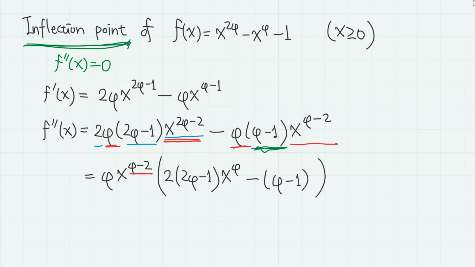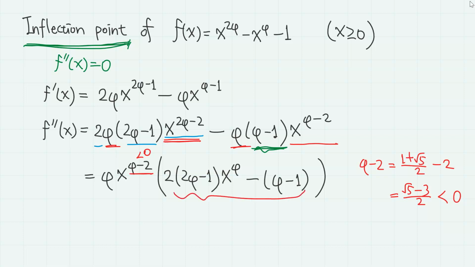Here, this phi minus 2 is (square root of 5 minus 3) divided by 2, which is negative. So this is a negative power. Therefore, the second derivative is 0 when this part is 0. So 2 (2 phi minus 1) x to the power of phi minus (phi minus 1) equals 0.